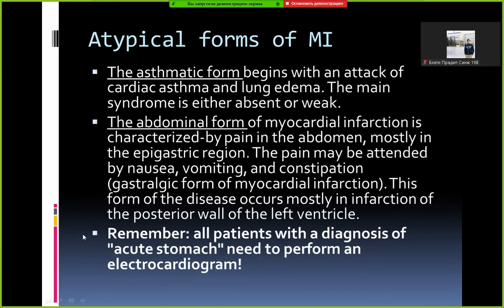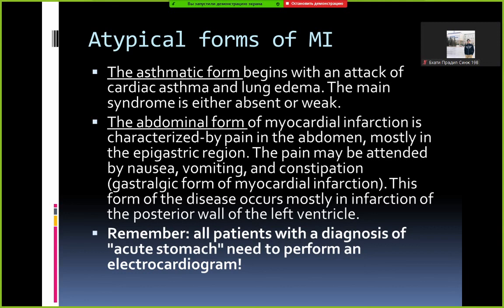Atypical forms of myocardial infarction. The first is the asthmatic form, which begins with an attack of cardiac asthma and lung edema. The pain syndrome is either absent or weak. The abdominal form of myocardial infarction is characterized by pain in the abdomen, mostly in the epigastric region.